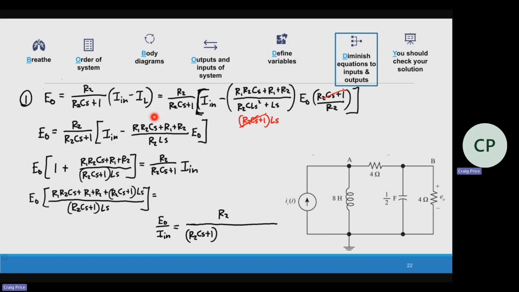So actually what's happened is that this denominator is going to come over here, and really that's going to cancel out this part. We get R2 CS plus 1 times LS. So that comes over there, and then we've got the R1, R2 CS plus R1 plus R2 plus R2 CS plus 1 times LS.